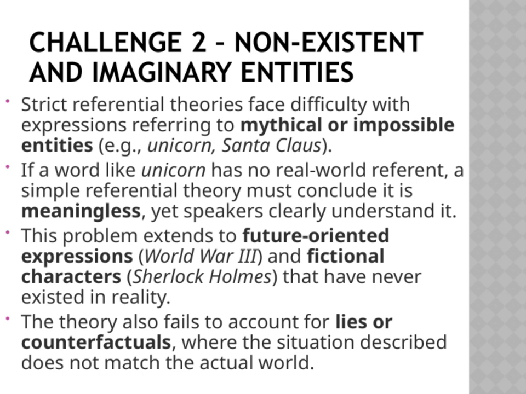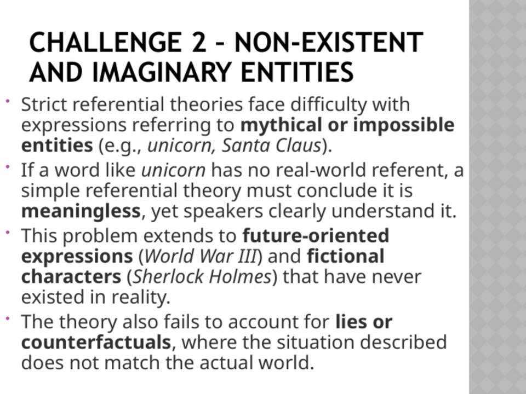Furthermore, strict referential theories struggle to explain how we talk about lies or counterfactuals, situations where what we say doesn't match the actual world. For example, if I say, "If I had taken the bus, I would have arrived on time," I'm discussing a situation that didn't happen but still makes sense to us. This brings us to our second challenge.